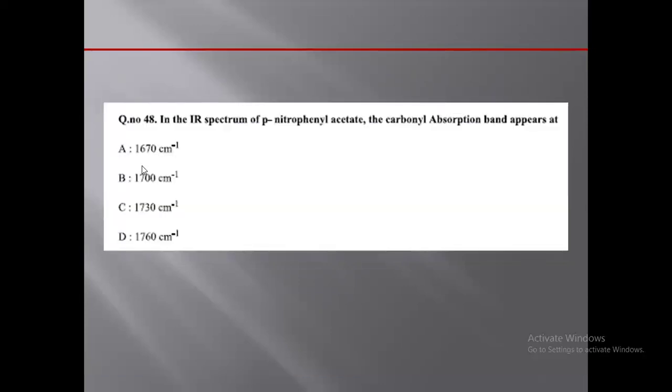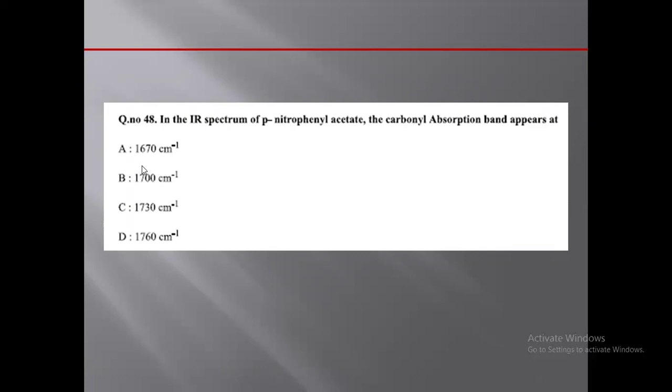What is question number 48? In the IR spectrum of para-nitrophenyl acetate, the carbonyl absorption band appears at. Here you have to keep in mind the IR frequencies of aldehyde, ketone, acid, ester, and amides. You have to write the structure of para-nitrophenyl acetate, and different frequencies are given.